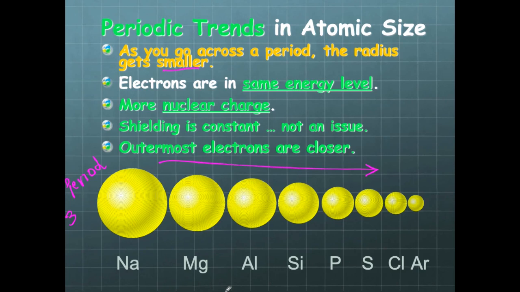Okay, so there are again three reasons that help us with defining the size. The first one is energy level. The second one is the nuclear charge. And the third one is the shielding effect. So all three things together help us with the periodic trend in atomic size.